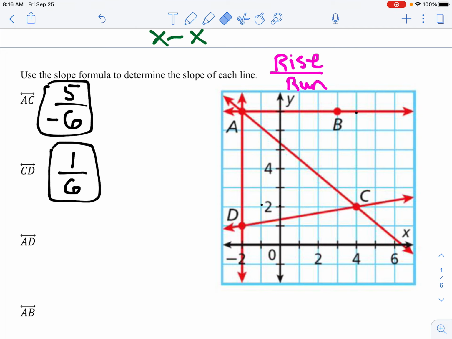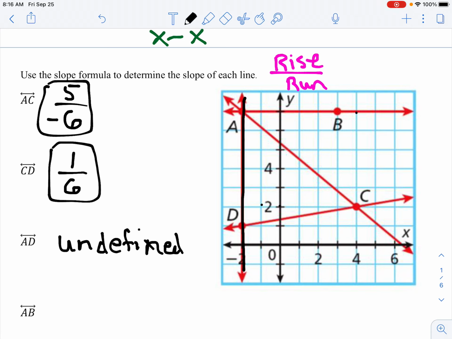All right, let's get rid of some of these dots in here. Here we go. All right, let's find line AD now. AD, you'll notice, is this vertical line straight up and down. All right, any line that runs straight up and down has a slope that is undefined. All right, which makes sense.